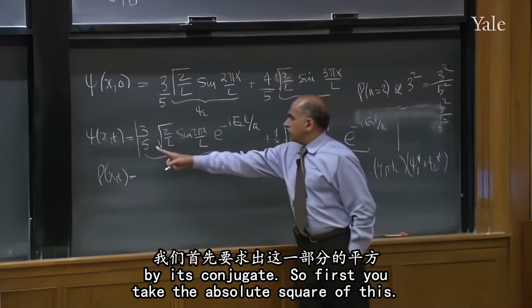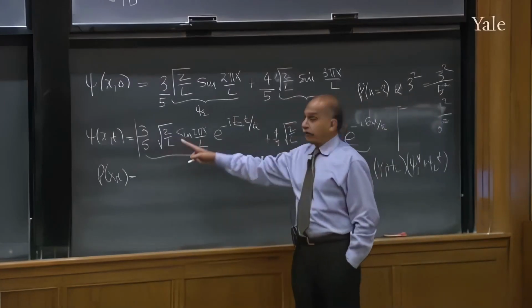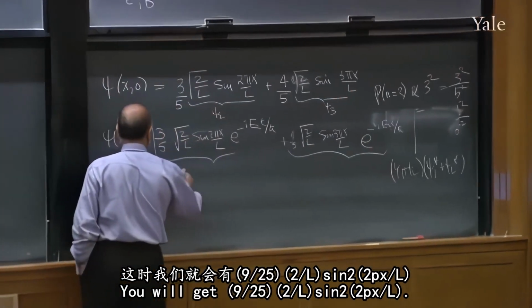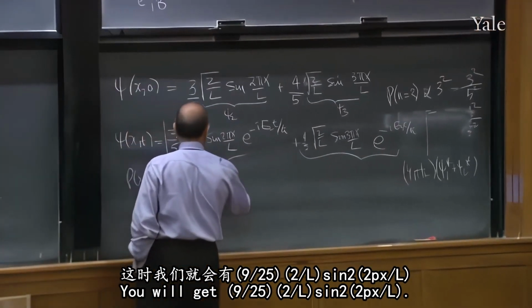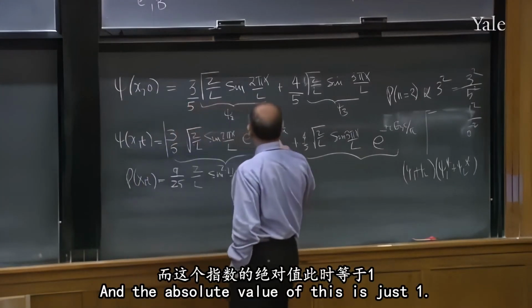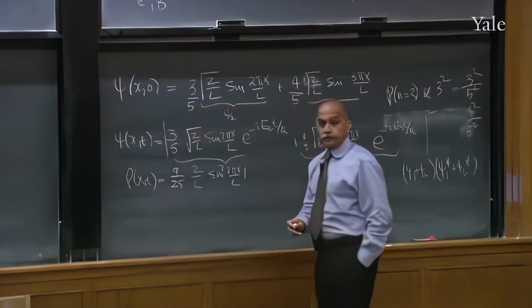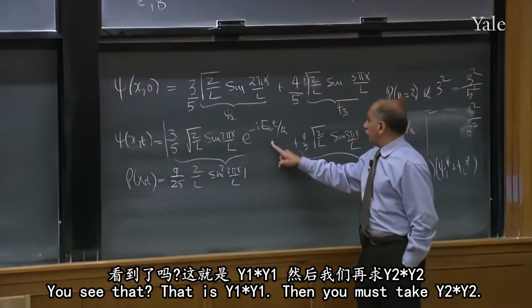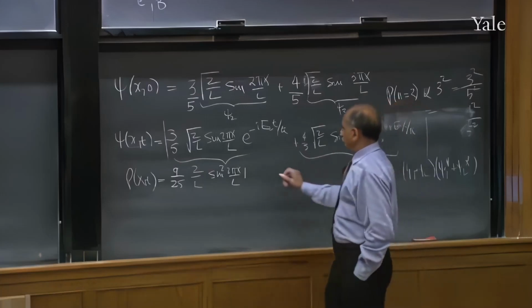So first you take the absolute square of this. You will get 9/25 times 2/L sine squared 2 pi x over L. And the absolute value of this is just 1. You see that? That is psi 1 star psi 1. Then you must take psi 2 star psi 2.